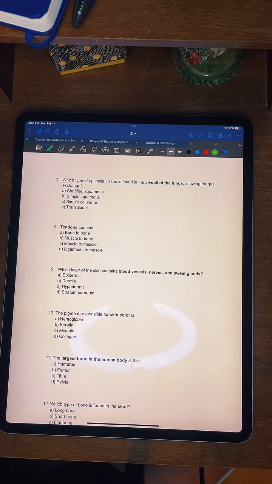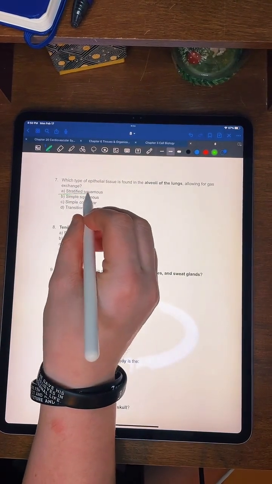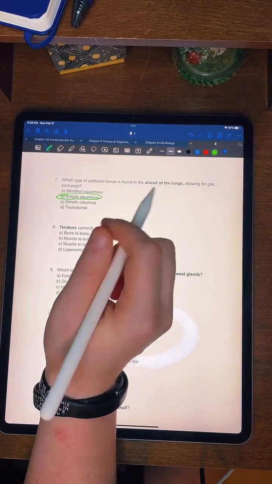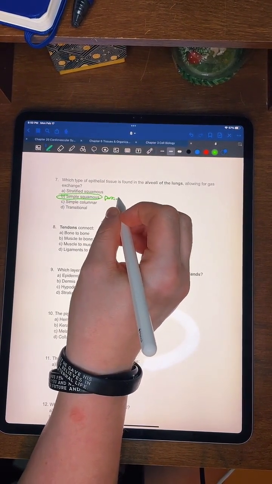Transitional would more so be the bladder, because the bladder is what needs to expand. So 7 is B, simple squamous, and simple squamous is more for diffusion.